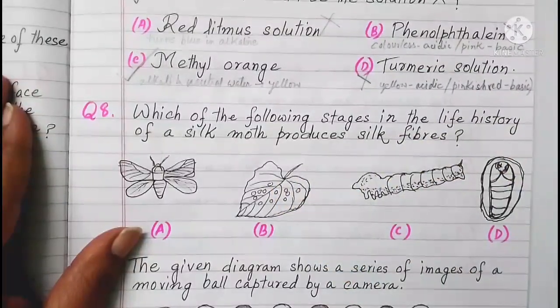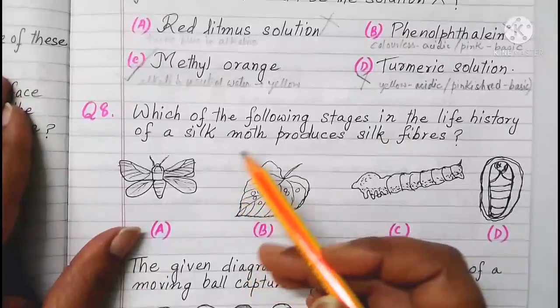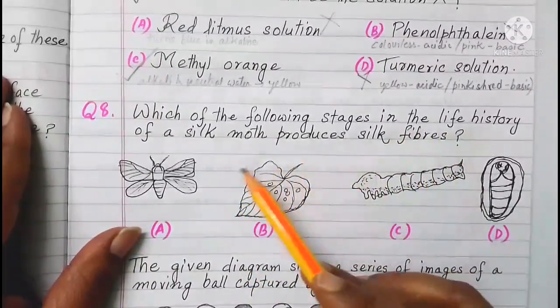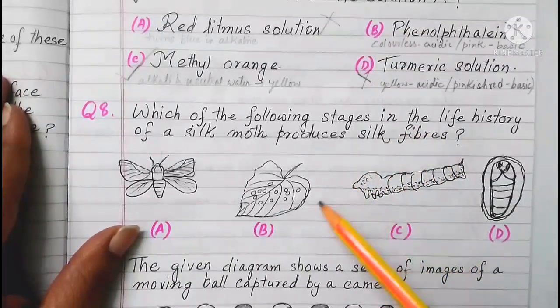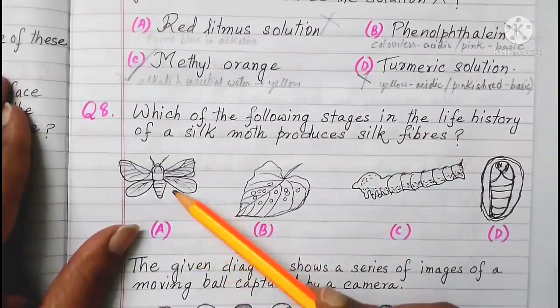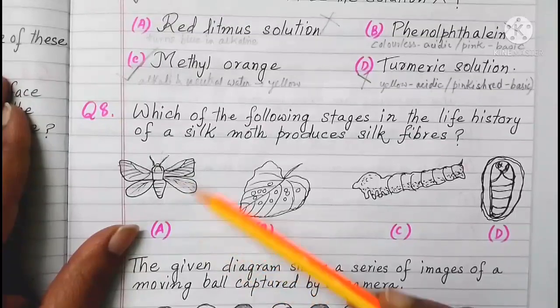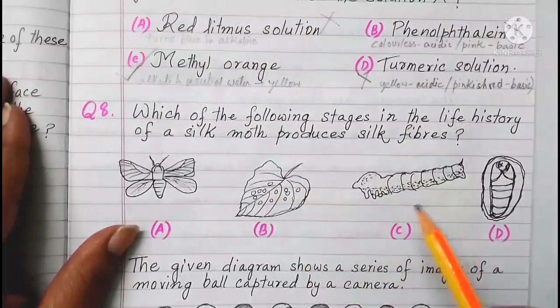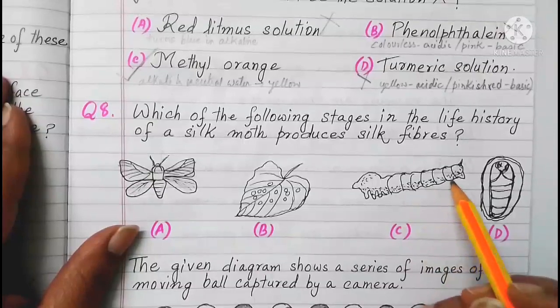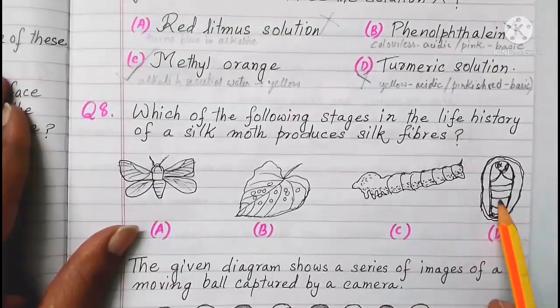Question number 8. Which of the following stages in the life history of a silk moth produces silk fibers? Now let's see the stages. Option A is a moth. B is eggs. Don't confuse with the leaf; the leaf has eggs actually. C is the larva and D is the pupa.